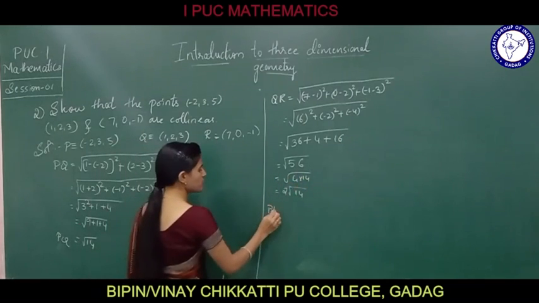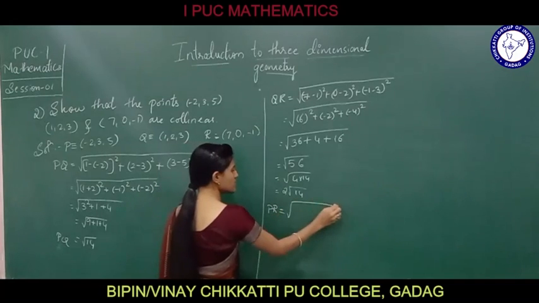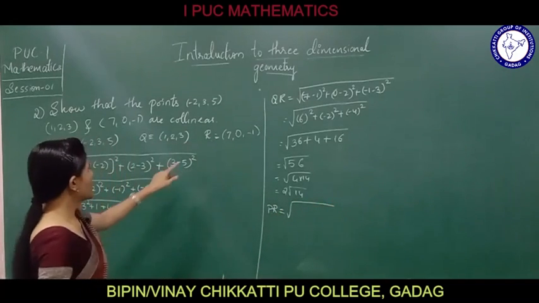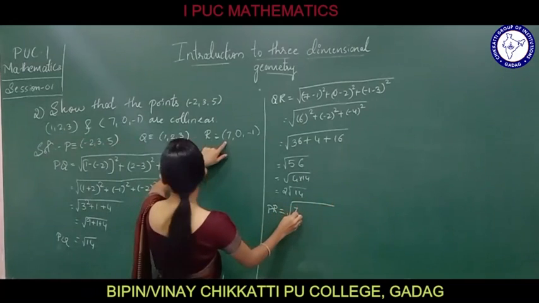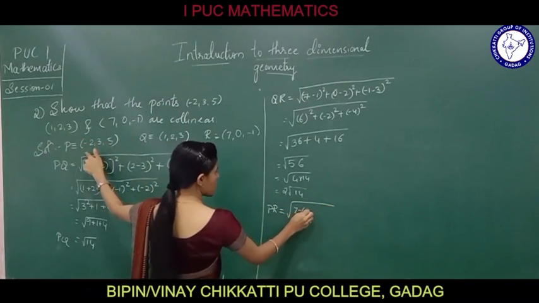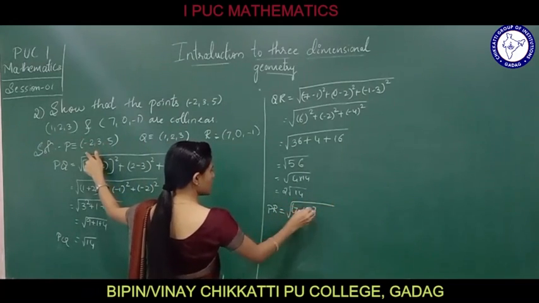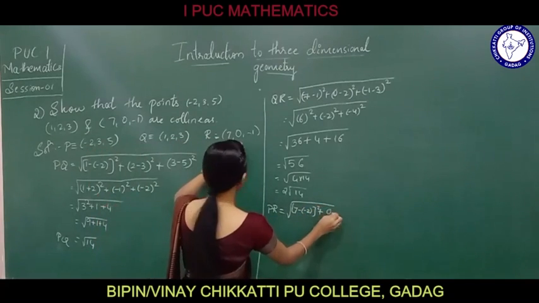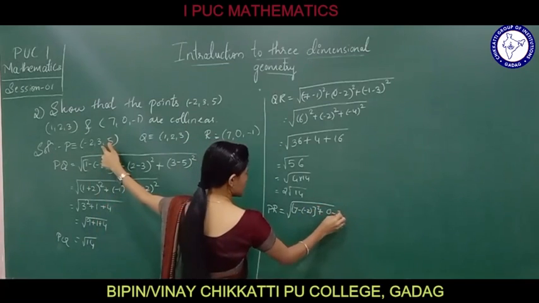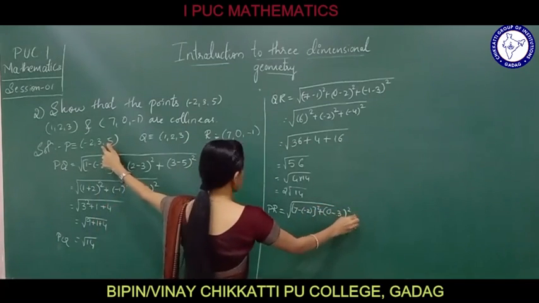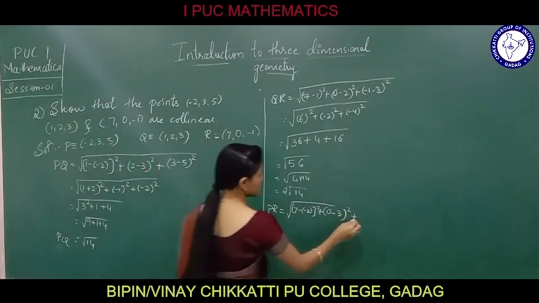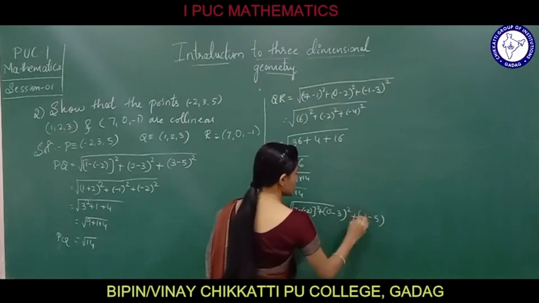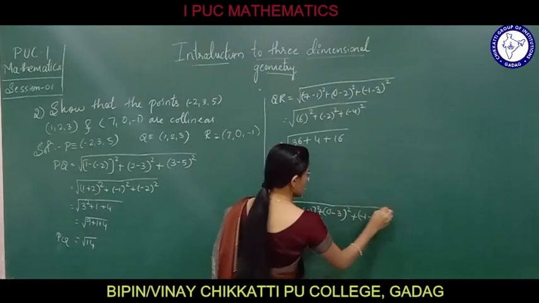And what about PR? What am I going to get as PR? See, 7 minus of minus 2 square plus 0 minus 3 square plus minus 1 minus 5 square.